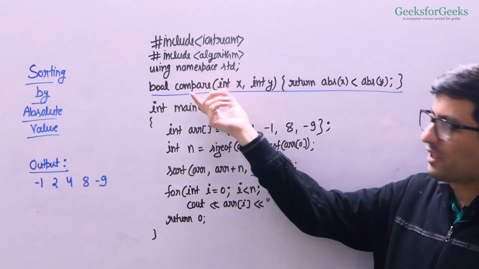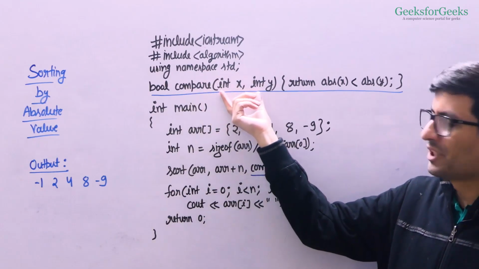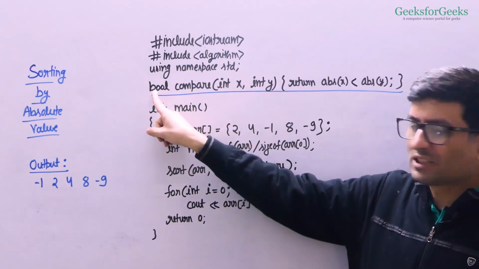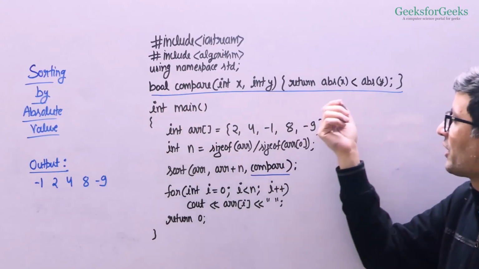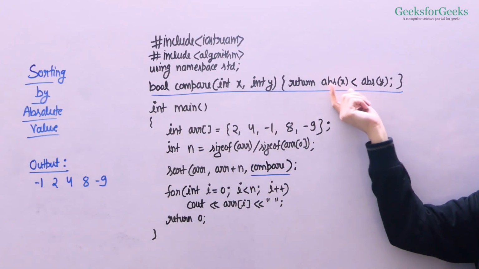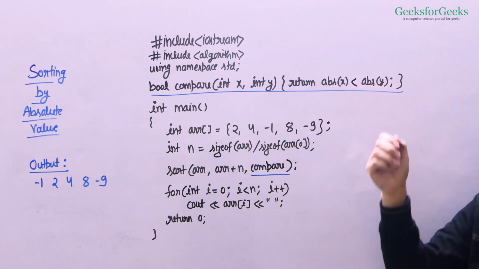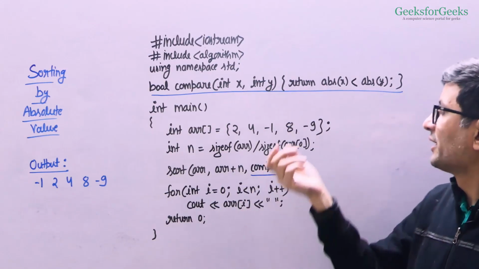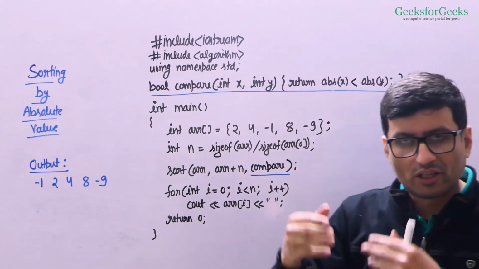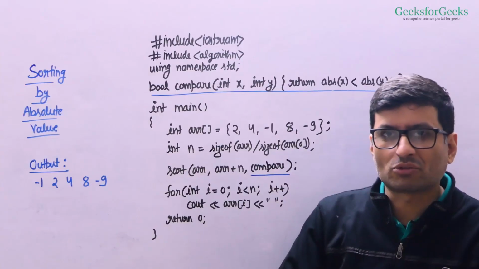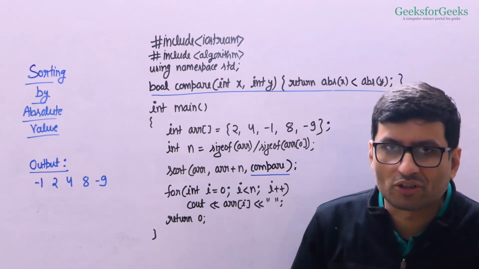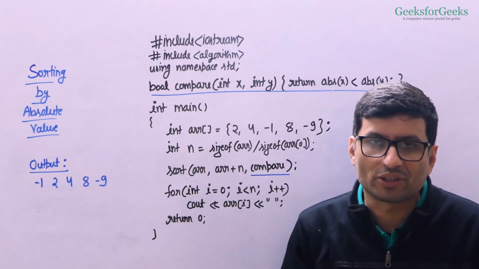So here is our modified program. I have written a compare function that takes two integer values x and y and returns a boolean value. It's going to return true if the absolute value of x is smaller than the absolute value of y, otherwise it's going to return false. So if this condition is true for two numbers, then the swapping or rearrangement is not going to happen, otherwise the rearrangement is going to happen.